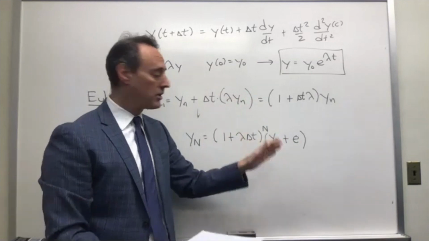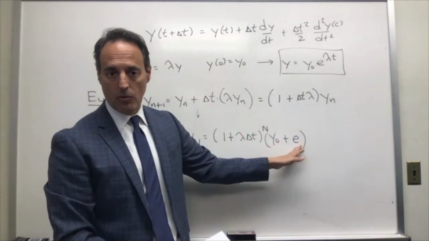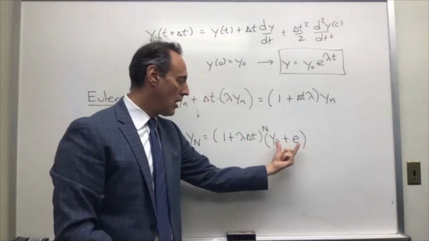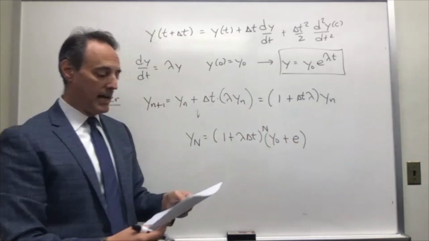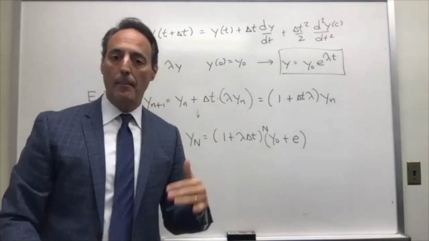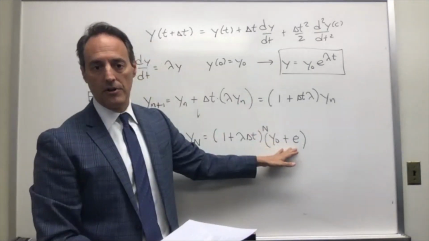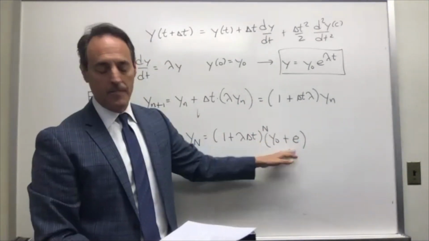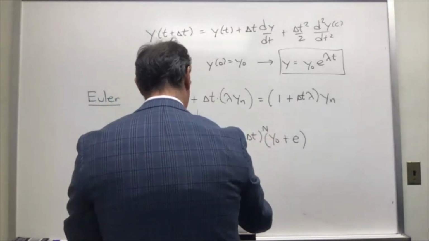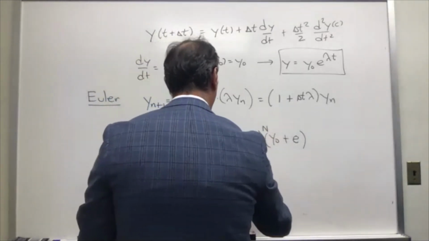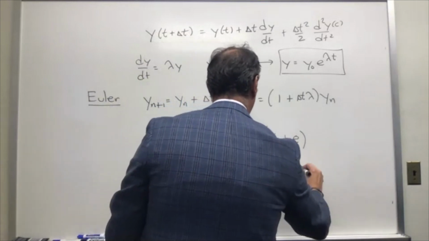I want an initial condition, but I have an approximation to it, which is accurate to numerical round off. And then I ask the question, all right, if I start putting them in here n times, what happens then to the error just from a numerical round off on the initial data? This is linear, so I can just say the error for this is just going to be (1 plus lambda delta t) to the nth power times e.